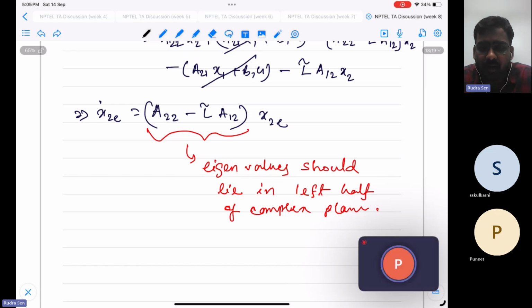Let me check what other books they have mentioned. My question is, since we have only 6 or 7 days left, how can we go through the entire Ogata book? You can go through the examples and the exercise questions. I think it is a very good book for state feedback control, state observer, and stability.